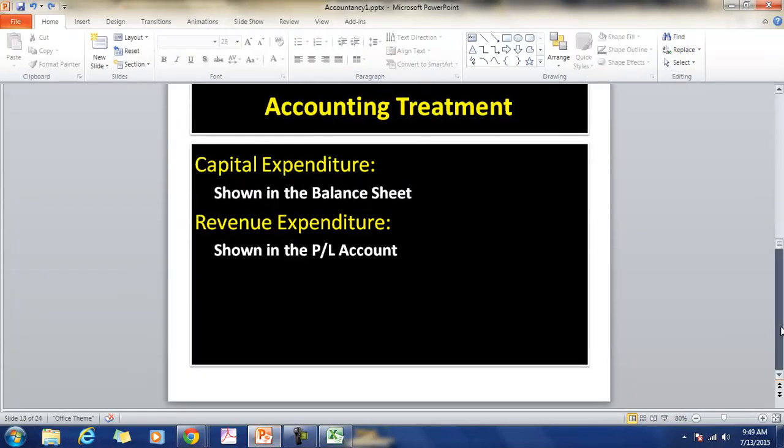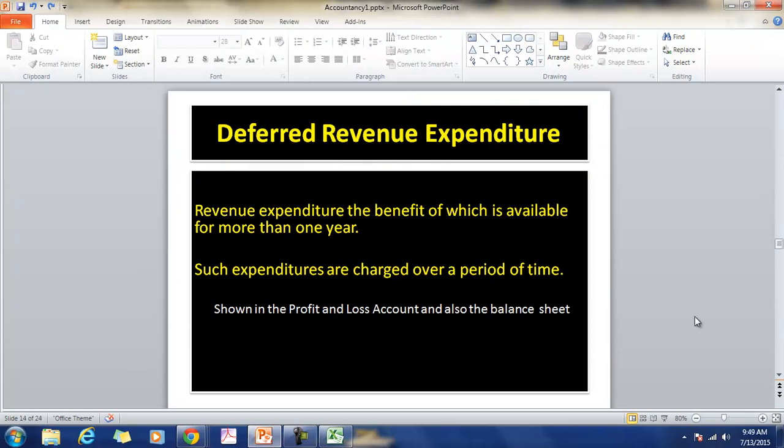Now let us see another expense called deferred revenue expenditure. It is by default a revenue expenditure, the benefit of which, however, is available for more than 1 year. Such expenditures are transferred over a period of time to the income statement. Let me give a small example.